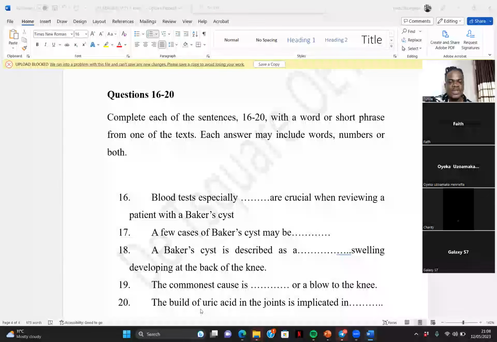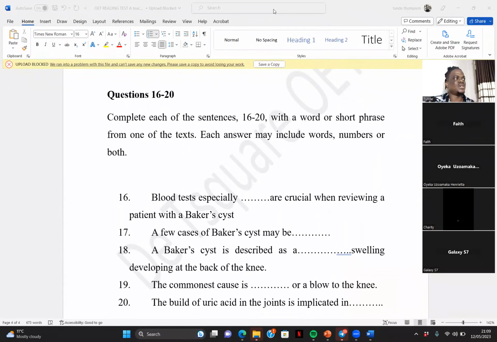Then finally, the buildup of uric acid in the joint is implicated in dash. What condition is it implicated in? If anyone can get that, I think that should be in, where will this be now? That will be in D2, yeah? No, in B, where they talk about the causes and complications, isn't it? The buildup of uric acid in the joint is implicated in what?